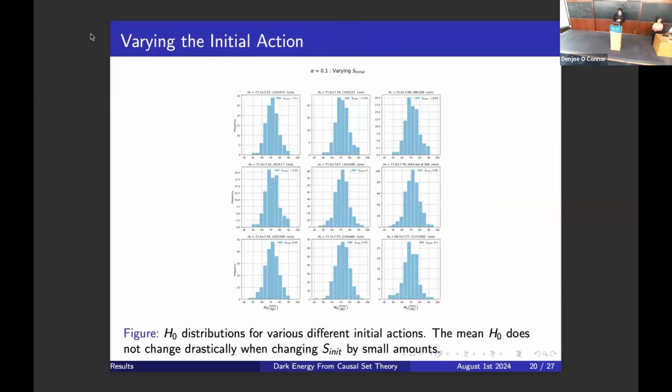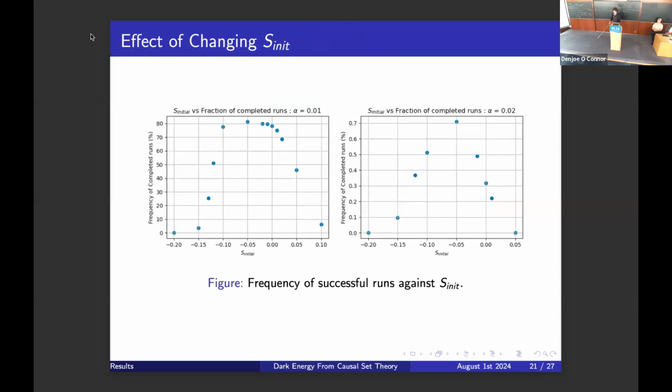And we tried varying the initial action. This isn't too important. This is just showing that if you vary the initial action just slightly, it doesn't affect the distributions too much. Again, these would be nicer shapes if we did more runs, but it takes too long to do them all. So for finding completed runs, this is the initial action, and this is the frequency of completed runs.